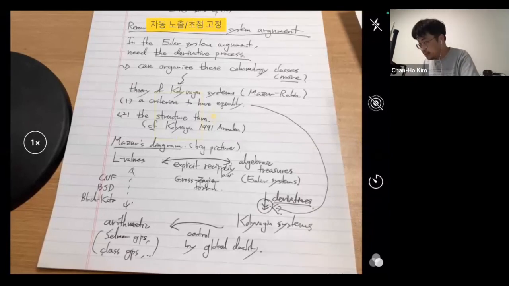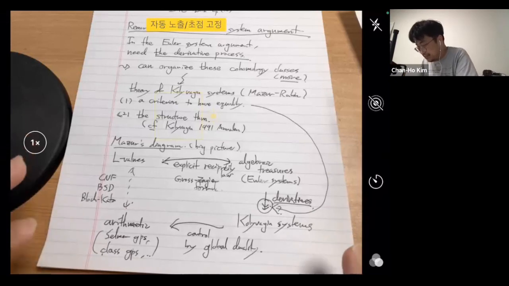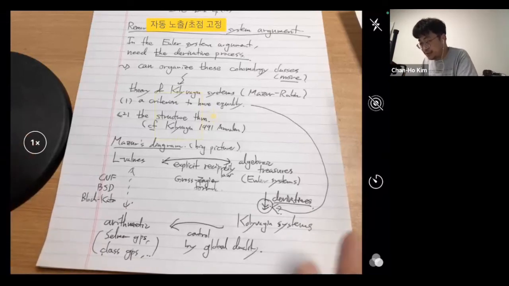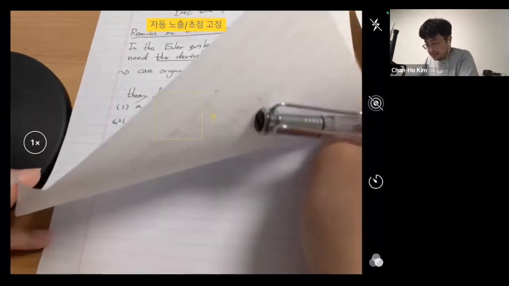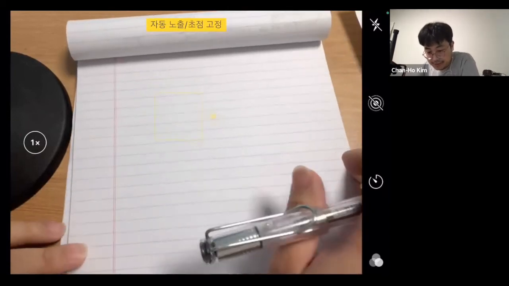Okay, so now the question reduces to the following. What I've explained is that if I have an Euler system, we can do this. And the question is then, where do Euler systems come from?